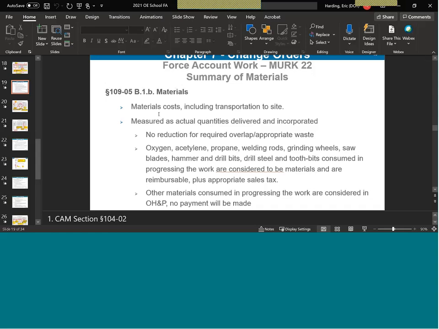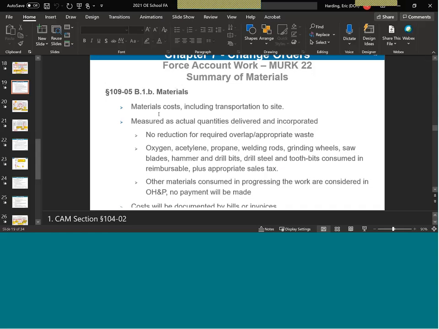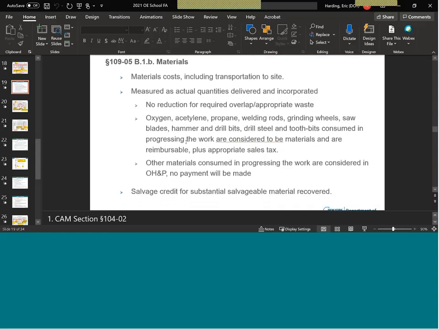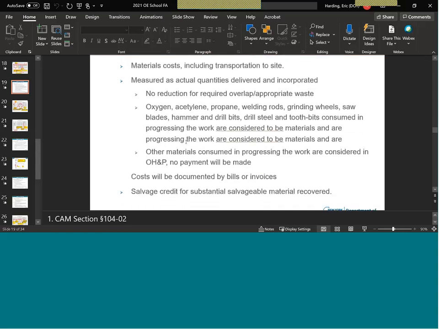Also included in that would be maybe things like form lumber and other materials consumed in the progressing of the work are considered in the overhead and profit, and no extra payment will be made. All these costs will be documented with bills, invoices, receipts, and salvage credit.